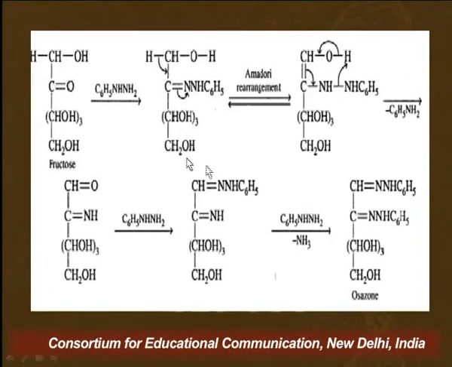So if I summarize this reaction, the first reaction is the condensation reaction, then the Amadori rearrangement, and then it reacts with aniline and we get this. Aniline is eliminated here, we get this molecule, which again reacts with the second molecule of aniline to give us this product, which then reacts with the third molecule to give us the ozazone.